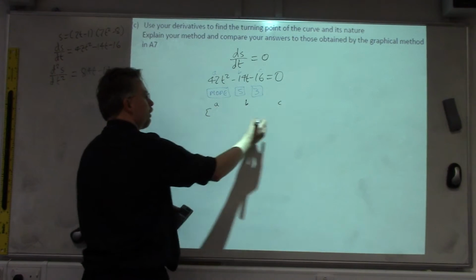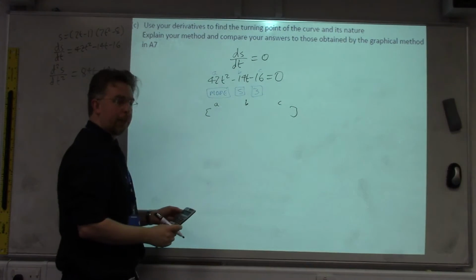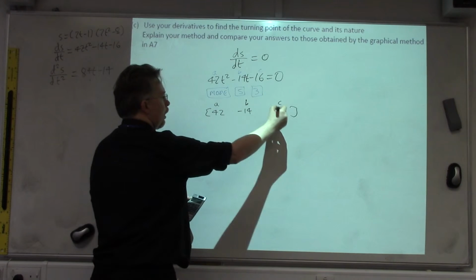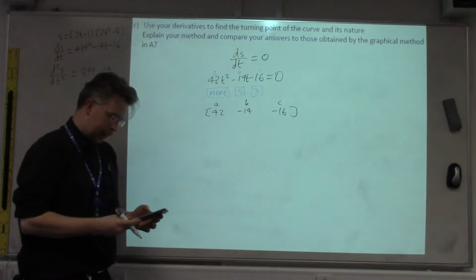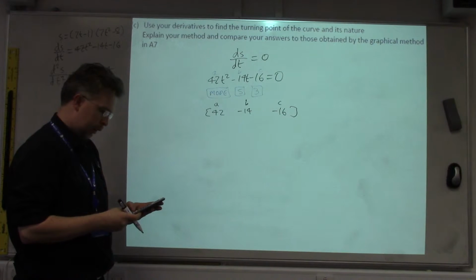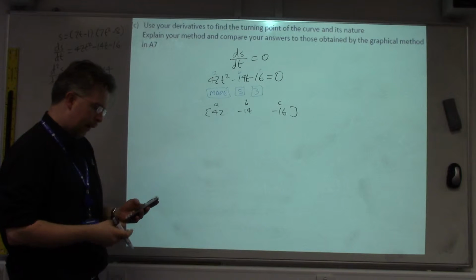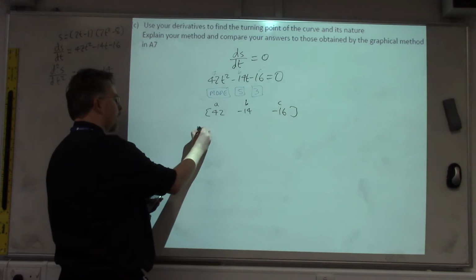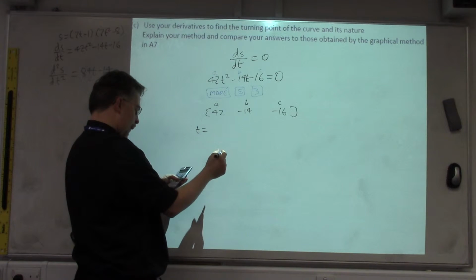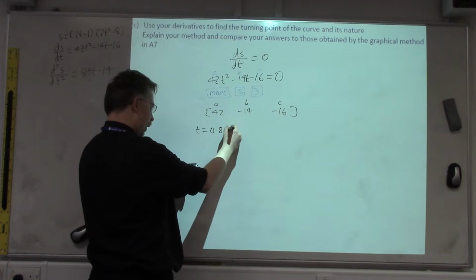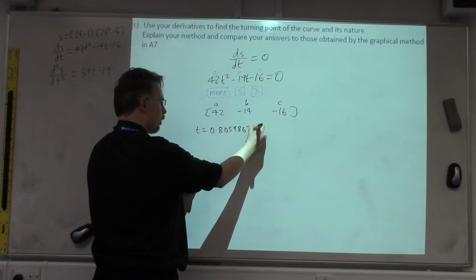So you need to enter the values into the table given. So 42, minus 14, minus 16, equals, and it says x1 equals, but we're doing t values, so we've got either t equals 0.805986742.